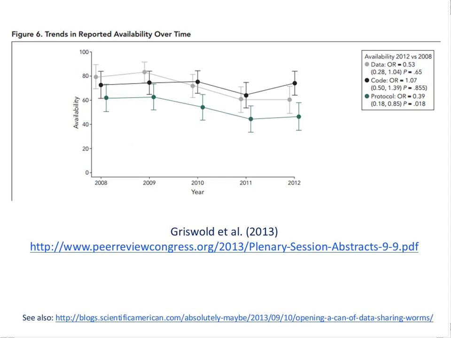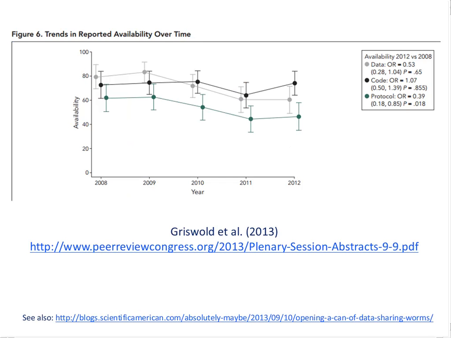Another study that was reported came from the University of Mississippi, where they looked at articles from the Annals of Internal Medicine and compared the availability and willingness to share data from 2008 to 2012.